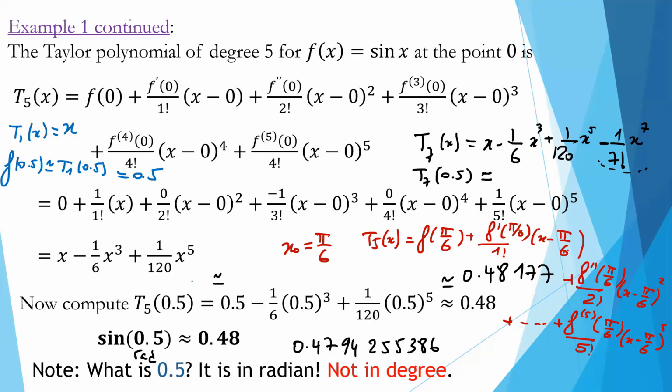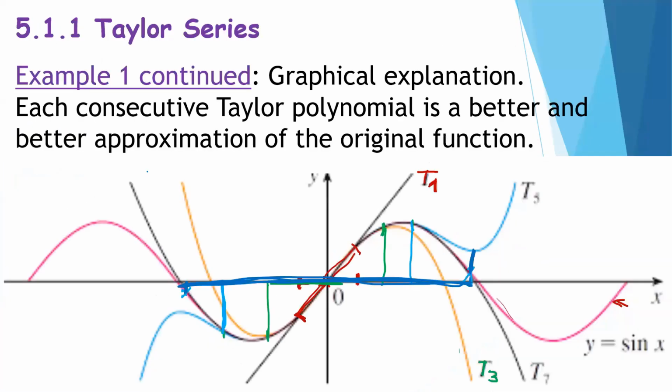So 0.5 instead of 0.48, of course, it's not a good approximation. It's a better approximation by T5 up to 2 digits. So this is the idea behind Taylor polynomial.